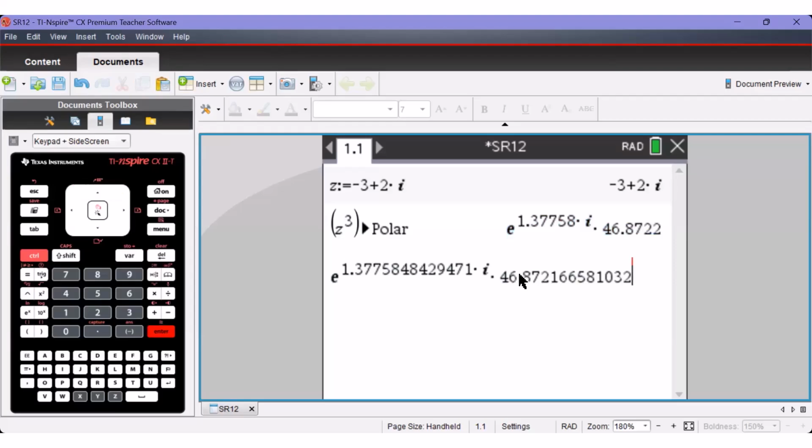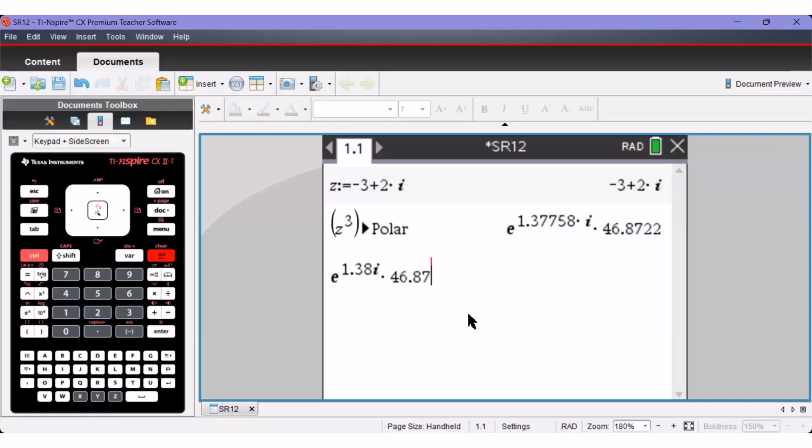So I could go up, highlight it, press enter, and then we'll edit this correct to 2 decimal places. We're just knocking off some digits there. Basically we're saying, let's work with 46.87 cis 1.38.